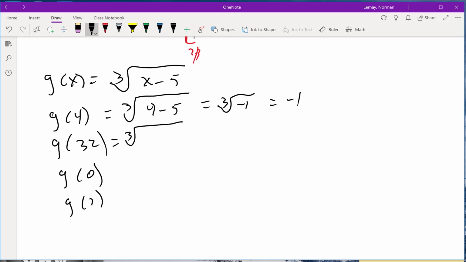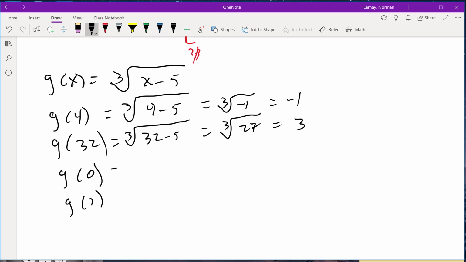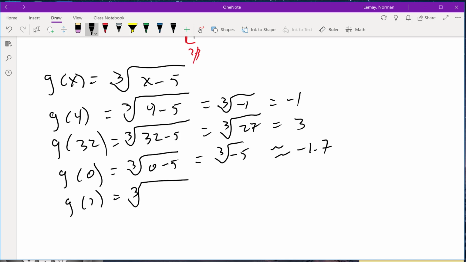This is the cubed root of 32 minus 5, which is the cubed root of 27, which is equal to 3. And this is the cubed root of 0 minus 5, which is the cubed root of negative 5, which is about negative 1.7. And this is the cubed root of 1 minus 5, which is the cubed root of negative 4, which is about negative 1.3.